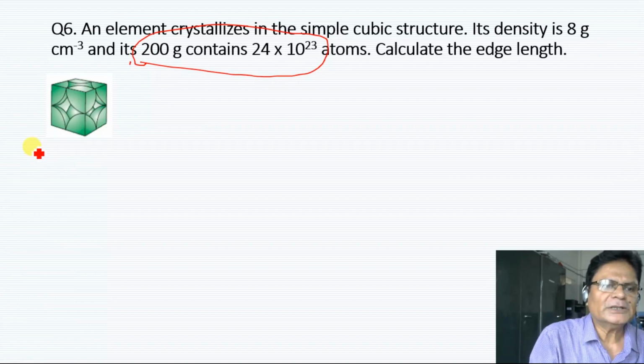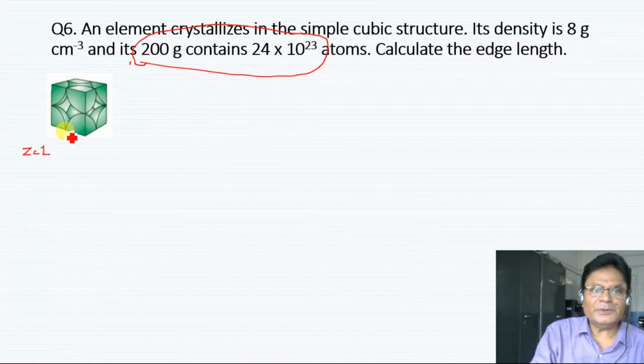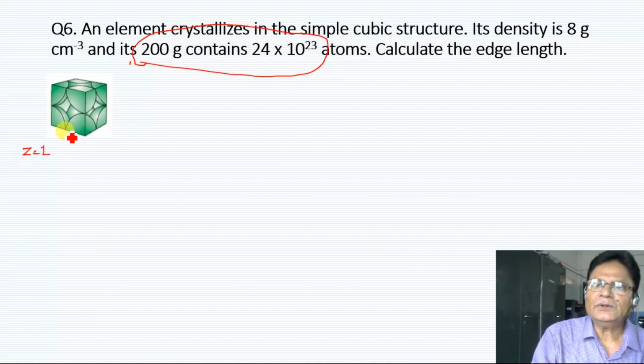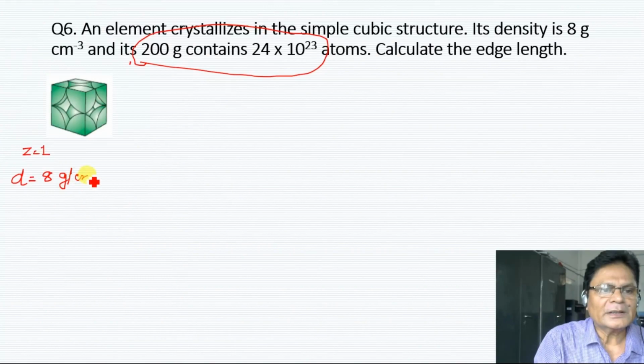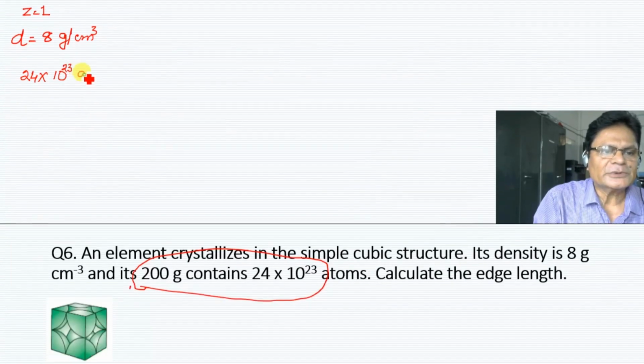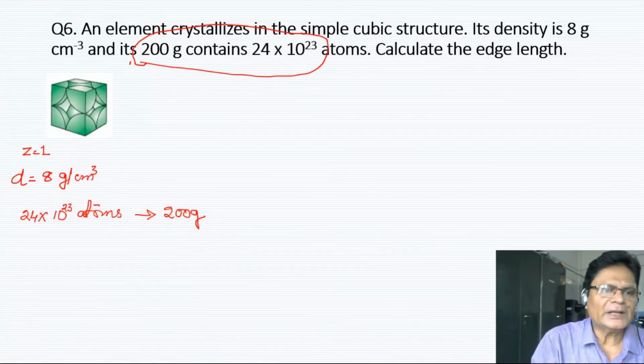Simple cubic, so Z is equal to 1. Density is 8 gram per centimeter cube. Now from this knowledge, 24 into 10 to the power of 23 atoms weighs 200 gram, right?